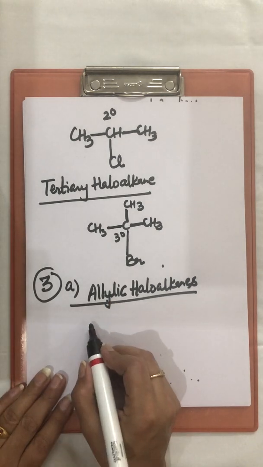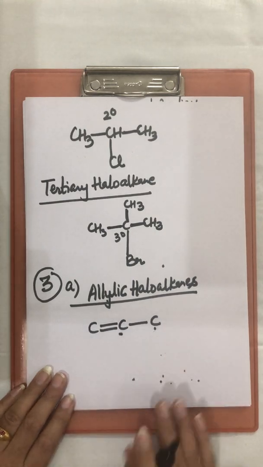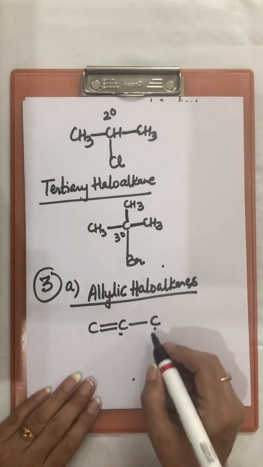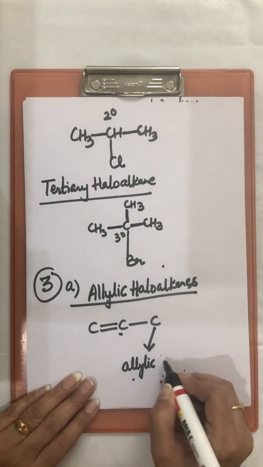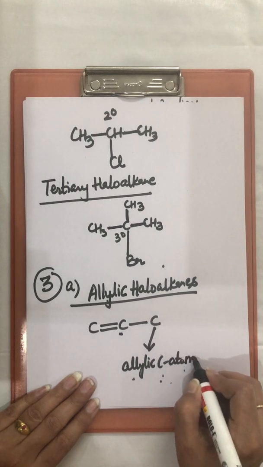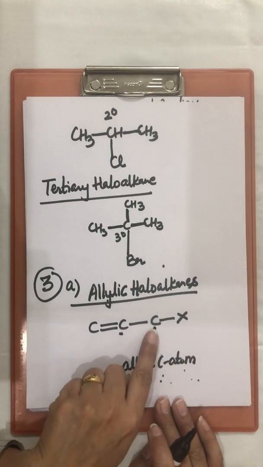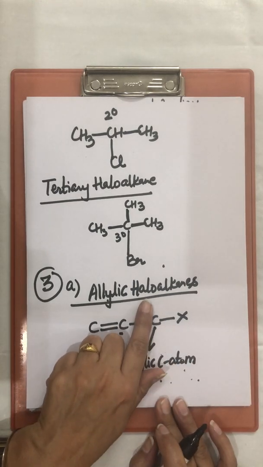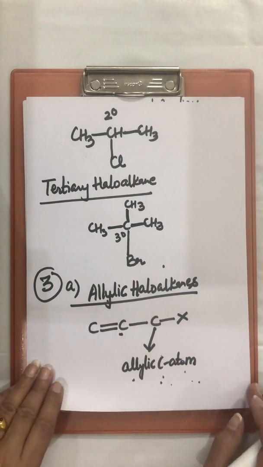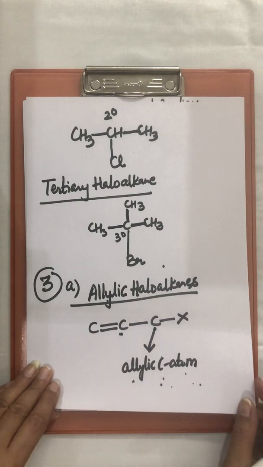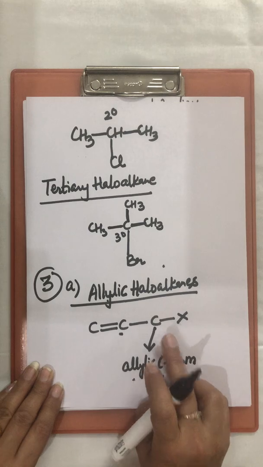A carbon atom which is next to double bond carbon atom is called allylic carbon atom. And if halogen links to this allylic carbon atom, that haloalkane is known as allylic haloalkane. The halogen links to which carbon atom? The carbon that is next to the double bond, the allylic carbon atom.